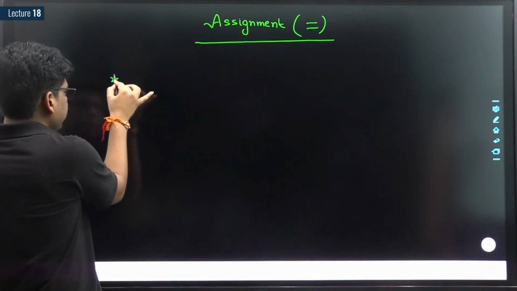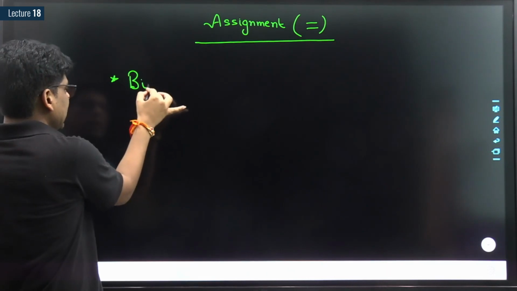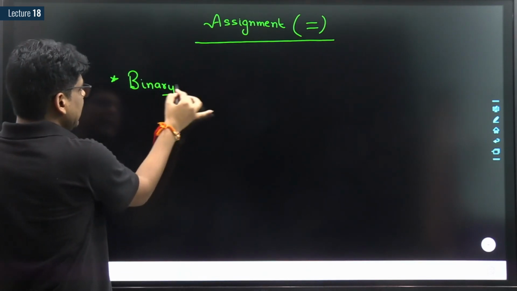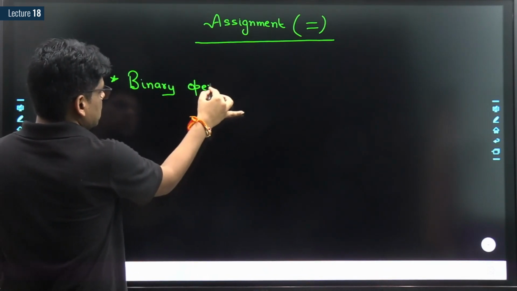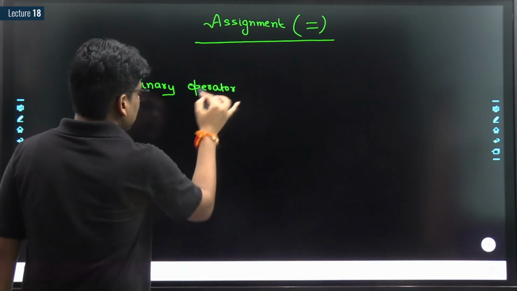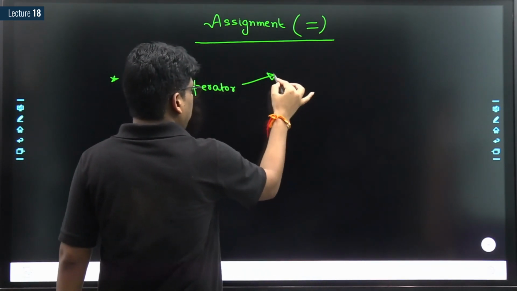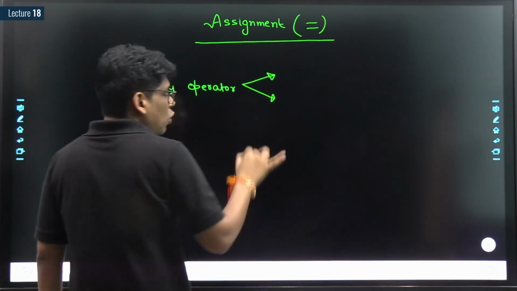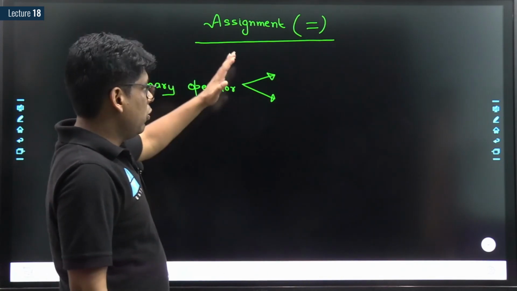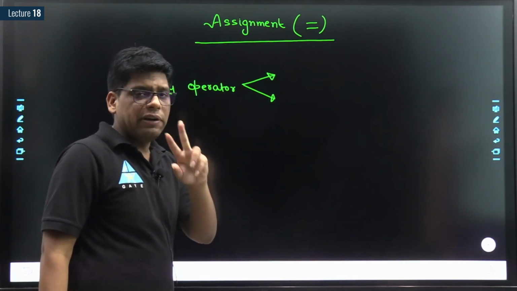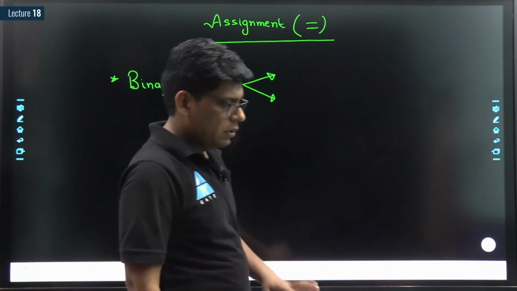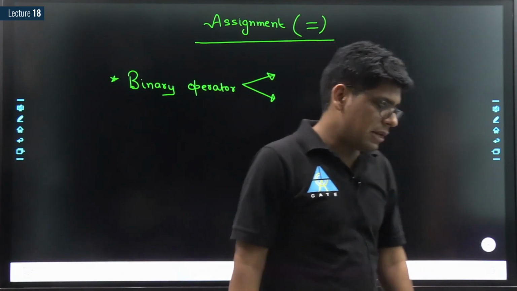Very first thing, the assignment operator is a binary operator. What do you mean by binary operator? It requires two operands, first operand and second operand. Please try to understand.